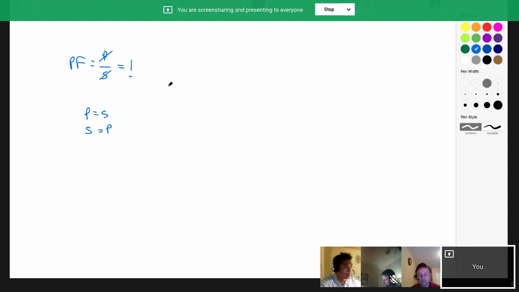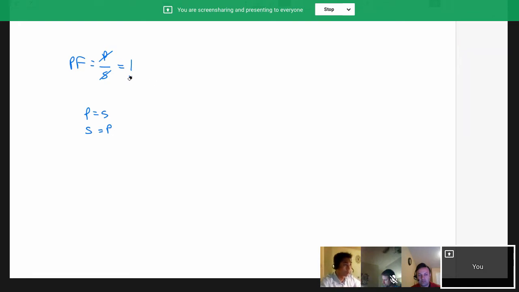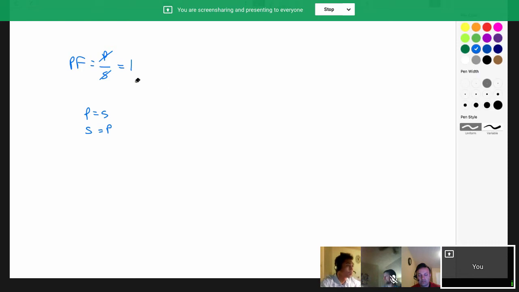So if we want to visualize what a system with a power factor of 1 would look like, all we have to do is draw a triangle where P equals S. What do you think our Q value is going to equal when we do that? 0. Perfect. So Q is going to equal 0, right?